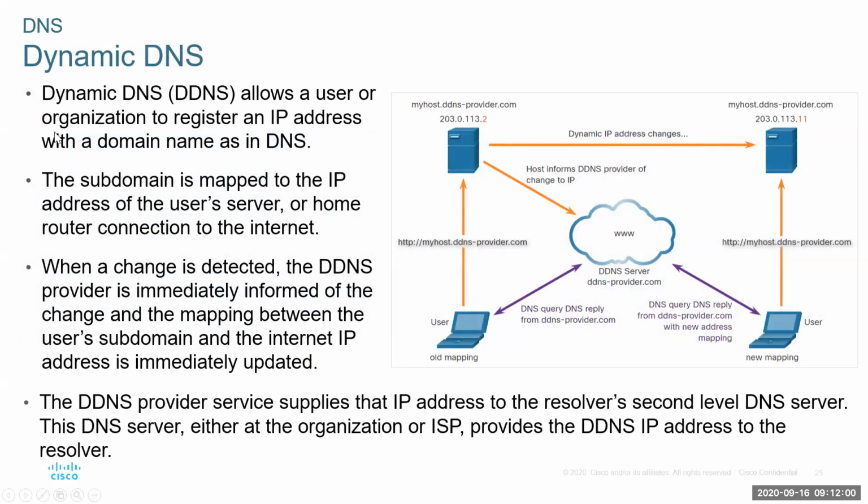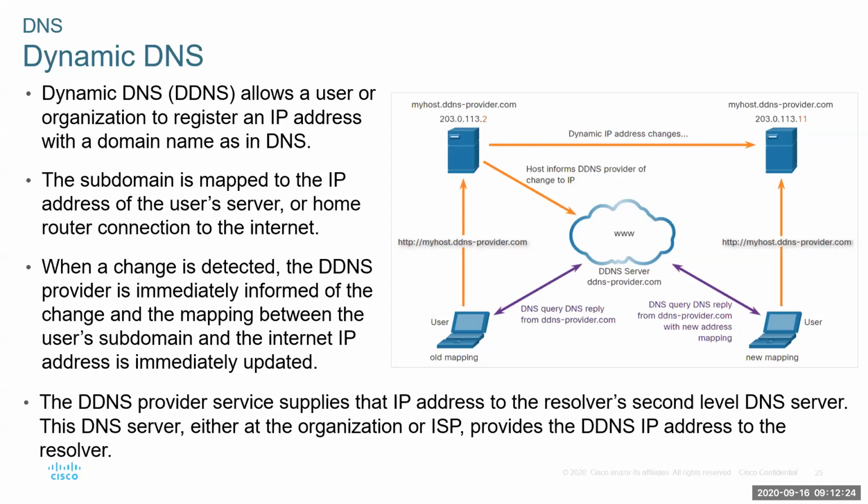Dynamic DNS, some of you might be familiar with this. What this does is allow a user or an organization to register an IP address with a domain name that's in a DNS. That subdomain is then mapped to that IP address of the user's server or home connection. Typically, this is available for your home users that don't necessarily have your own domain, and so you don't have a static IP address.